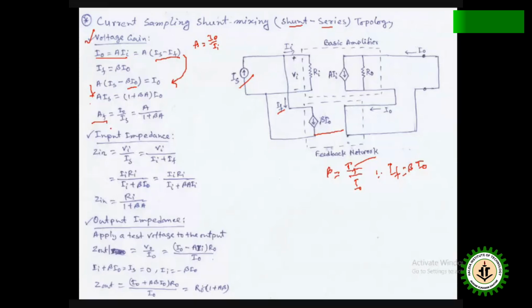Sometimes it is called closed loop. Open loop gain means only A, which is for the basic amplifier, and closed loop gain, which is AF, is with the feedback amplifier.